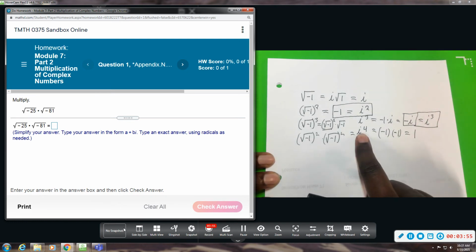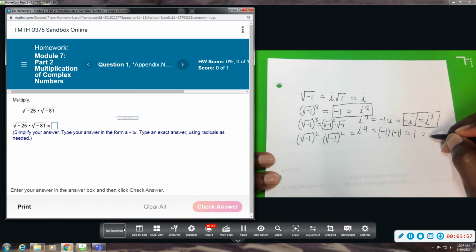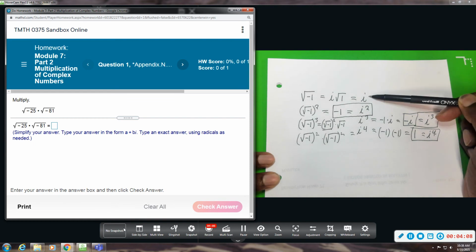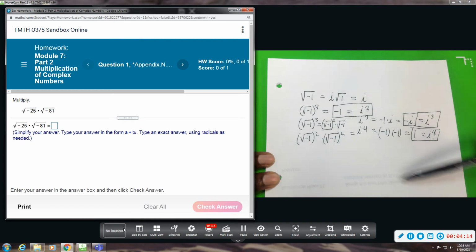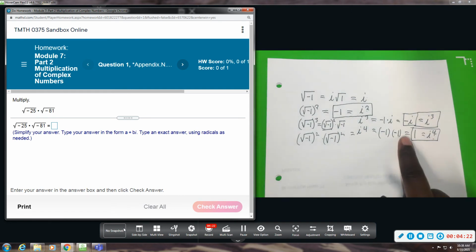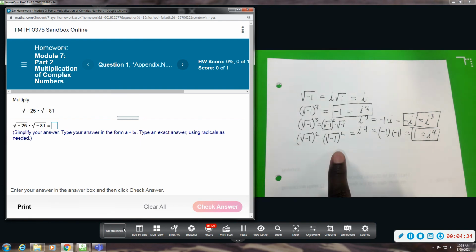So i to the 4th just equals +1. So these are the 4 stages of i that we need to remember. When you get to i to the 5th power, it just starts over. So it's 1, 2, 3, 4, and then 5, 6, 7, 8, and it just keeps cycling through these 4 stages. So in the event that we need to know like i to the 25th power, we can just do some properties and we'll be able to figure that out.